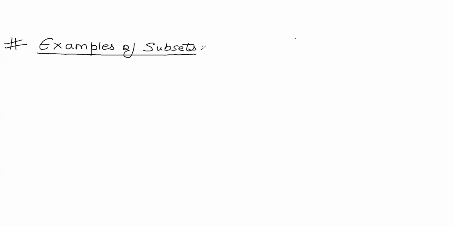Sir, can you give an example of subset like you give an example of equality of sets? So an example of subset in real life, I can give you the example of subset. So I am writing it on the screen. Examples of subsets. Set of all integers is a subset of set of all real numbers.